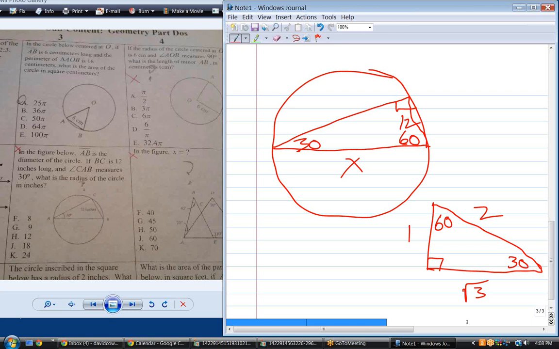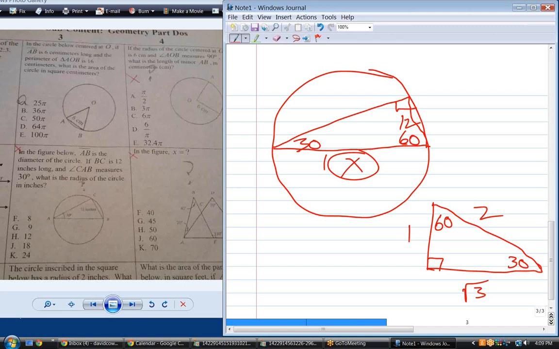This is the hypotenuse of the triangle and the circle. And the side opposite 30 degrees is 12.